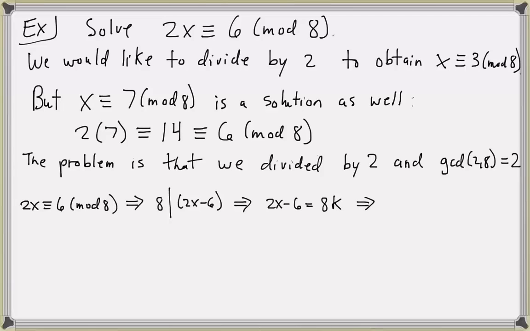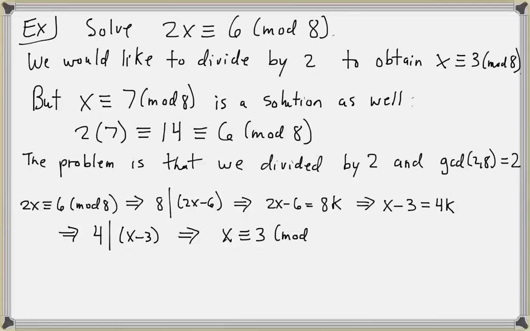But in this equation, I can divide everything by 2 to obtain x minus 3 equals 4k. And this tells us that 4 divides x minus 3. And therefore, x is congruent to 3 mod 4.